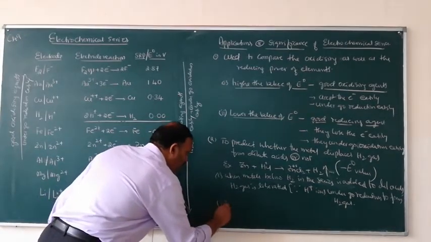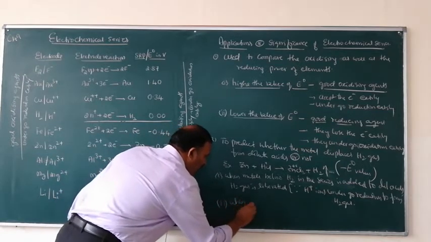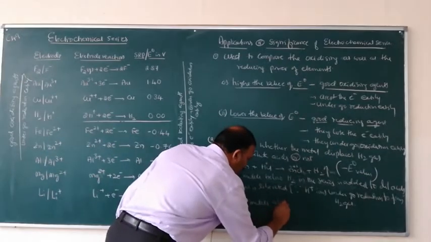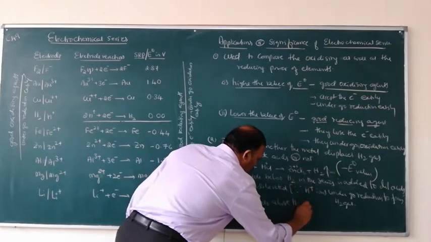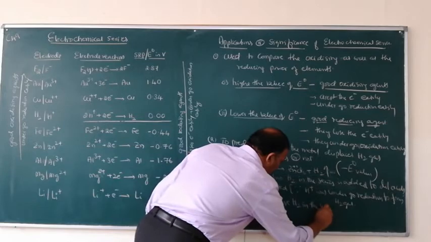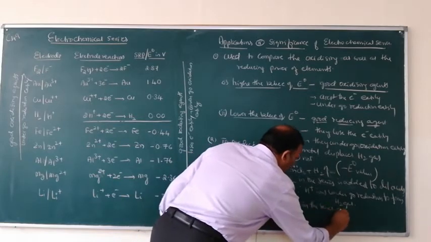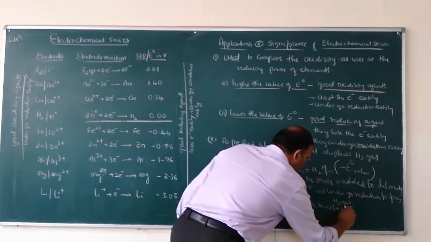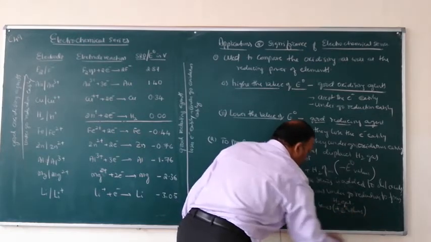So, number 2, when metals above hydrogen in the series, or above hydrogen in the series means positive E naught values.